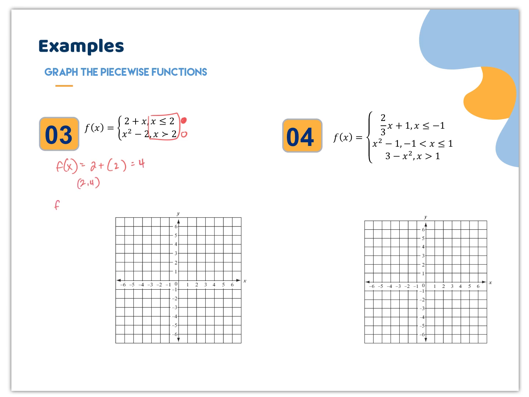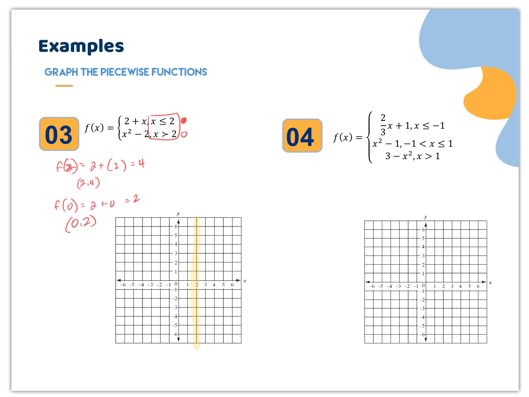That was f of 2, right? I'll do f of 0. So 2 plus 0 equals 2. So when x is 0, y is 2. So let me come and graph that. So again, let me just identify my critical line, which I know is at 2. It's my little divider.